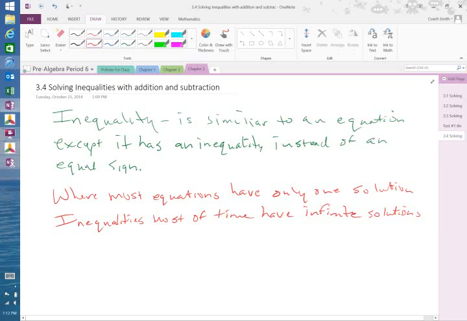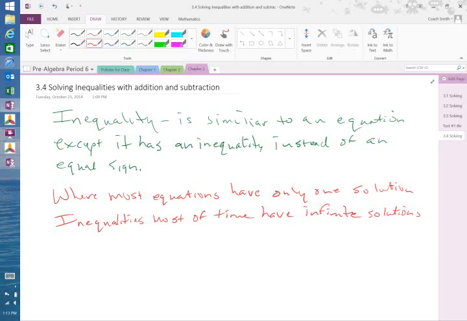Okay? Where we're used to seeing, with the exception of this last lesson, x equal 4, x equal -9, y equal 10, where there's one specific number that satisfies the equation.